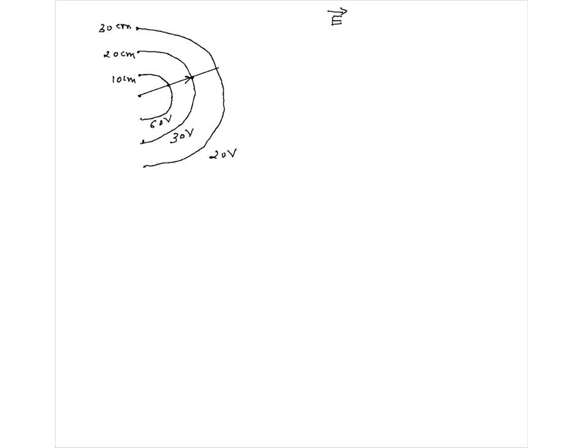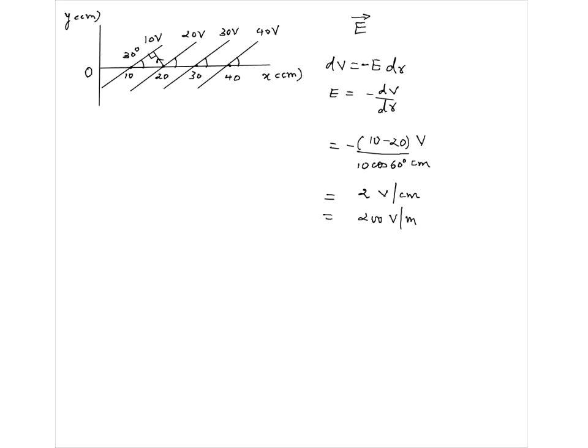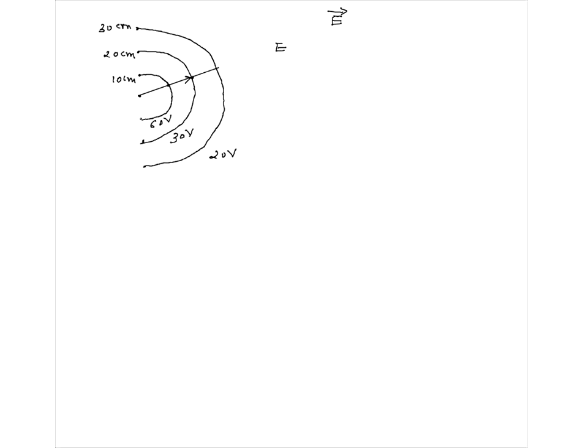Regarding the magnitude, now how do you find the magnitude? Again the same thing. When we are walking in this direction, cos theta is anyway 1. So minus dV by dr, that is E.